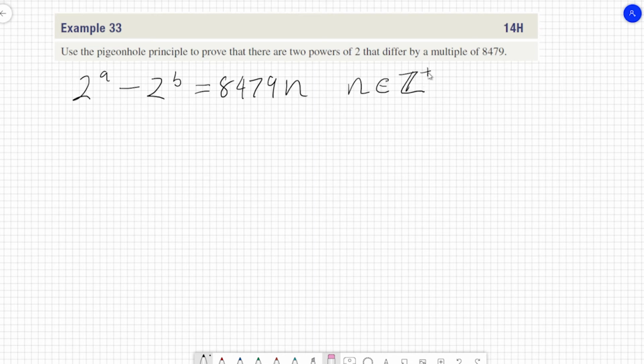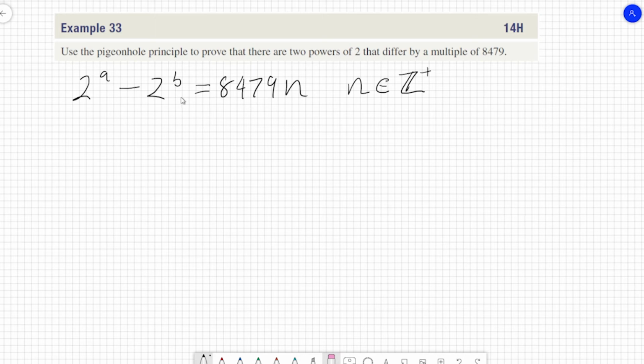However, we're just proving that these 2 powers exist. We don't actually need to find out what A and B are specifically. So that's one of the tricky parts.